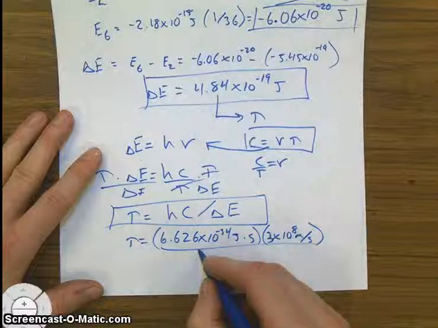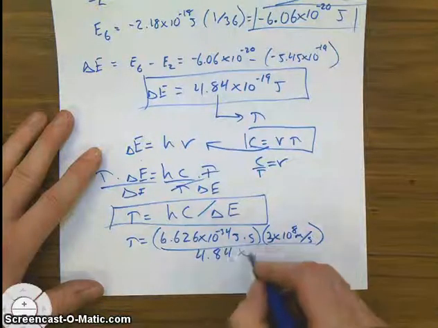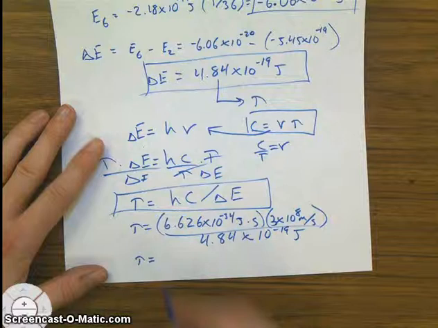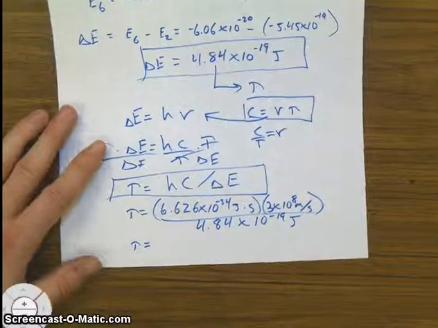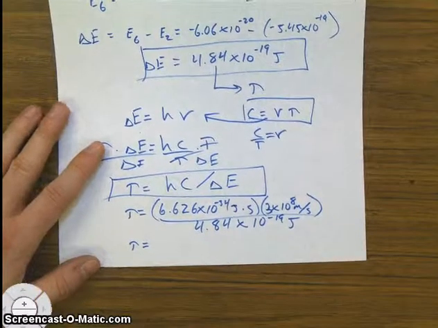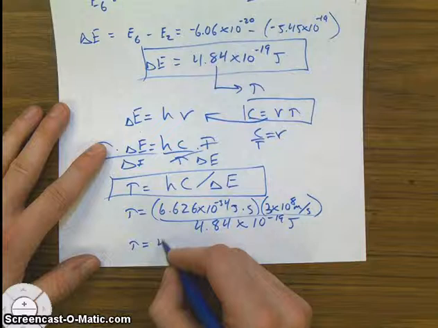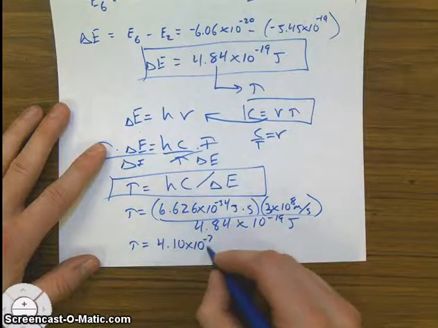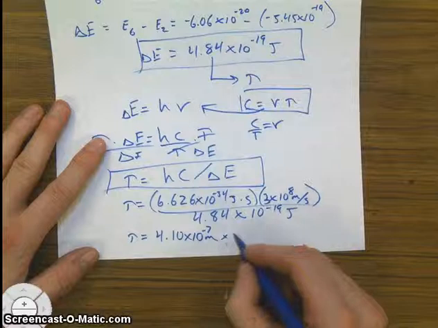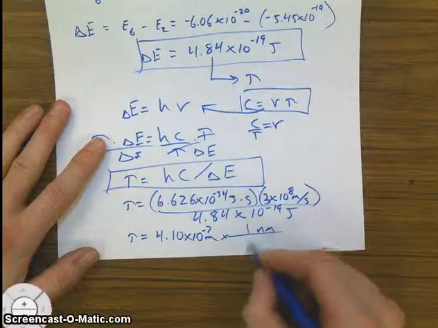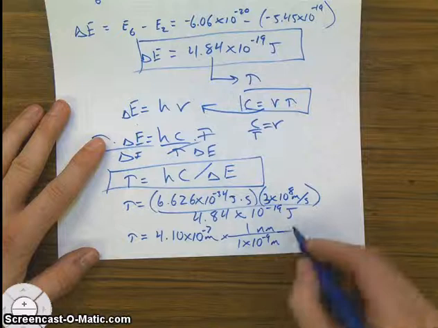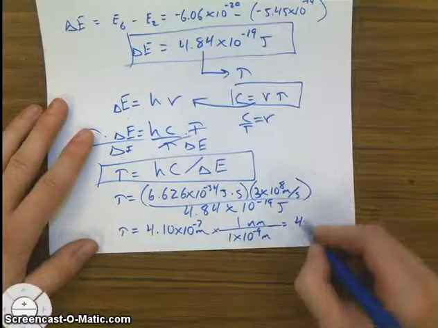So I'm going to divide it by 4.84 times 10 to the negative 19th joules. This is going to give me meters, which I have to translate to nanometers. When I do the calculation, I end up with 4.10 times 10 to the negative 7 meters. Changing it to nanometers, we end up with 410 nanometers.